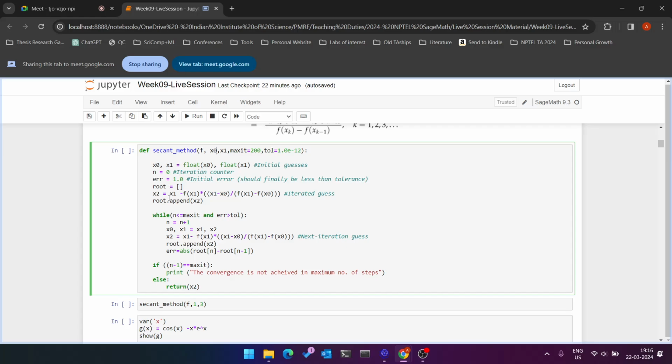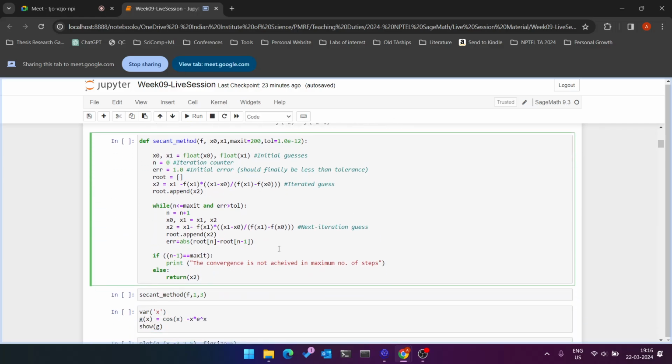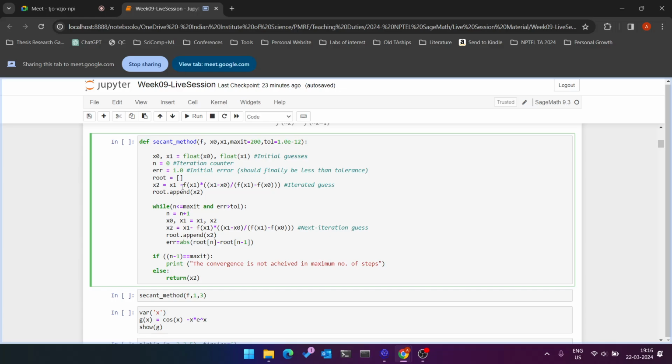Then the next root is calculated as x2 equals x1 minus this whole expression that we have written here, and it is appended to an array called root. And while n is less than or equal to max iterations and error is greater than tolerance, we run this loop wherein, given the previous two guesses for the root, we calculate the next possible guess of the root.